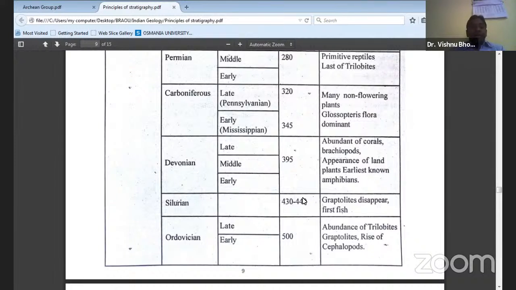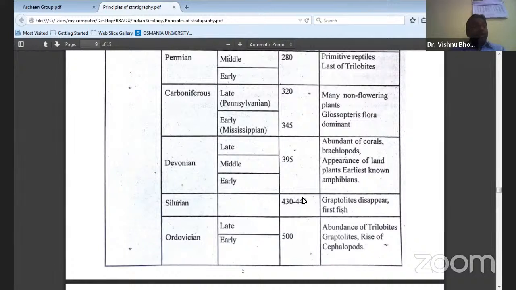Next one is the Carboniferous. The Carboniferous is again divided into two. The first is the early Carboniferous, called the Mississippian, and the second is the late Pennsylvanian. In the early Mississippian, the age is about 345 million years, and the late Pennsylvanian is about 320 million years, with many non-flowering plants.